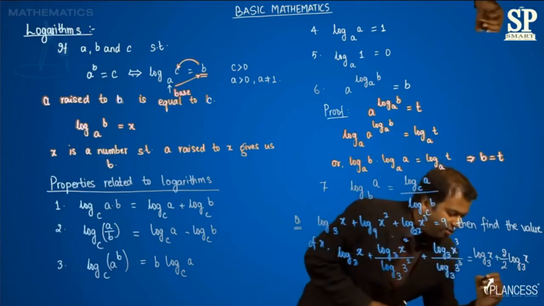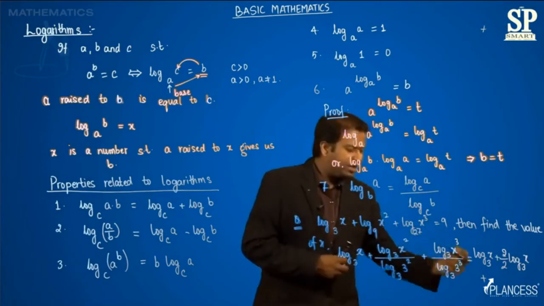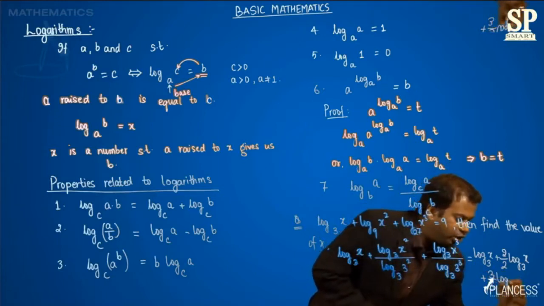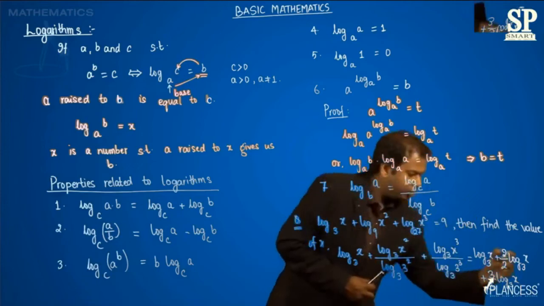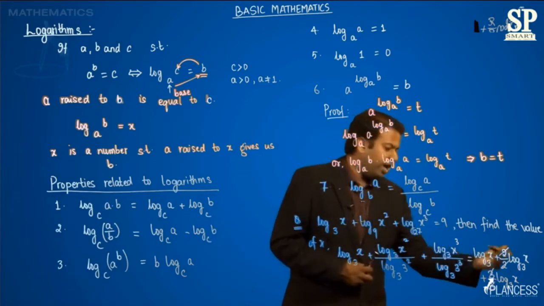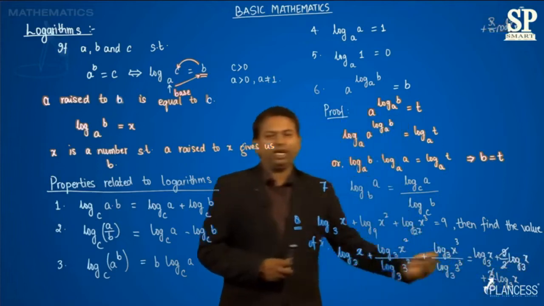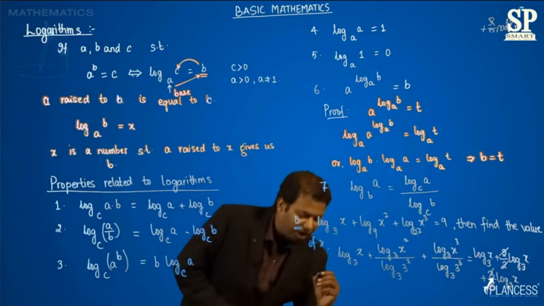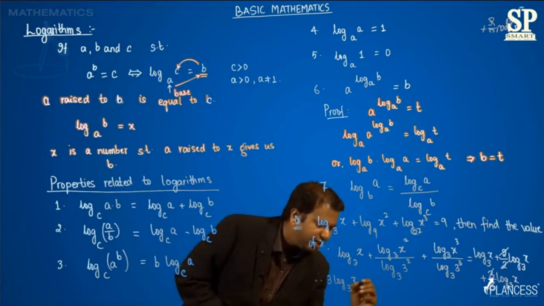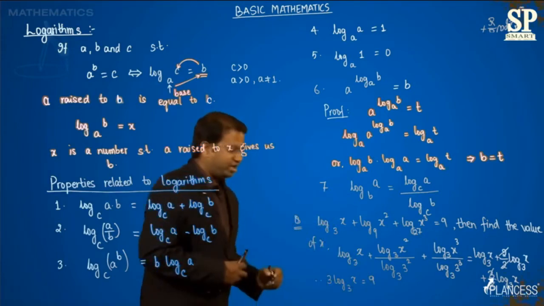Then we have plus, here again same thing happens, and we can write it as 3 upon 3 log x base 3. So 2 and 2 cancel, 3 and 3 cancel. So what we have is log x base 3 plus log x base 3 plus log x base 3. And therefore 3 log x base 3 is equal to 9 is what is given to us.